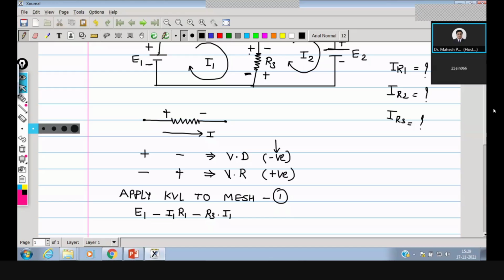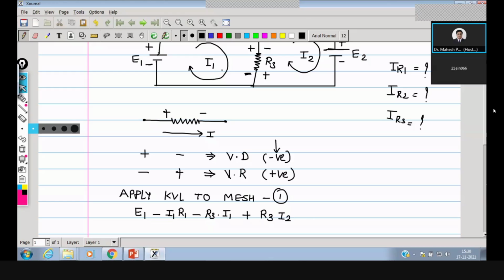So the direction of mesh 1 is clockwise, and in the clockwise direction there are two different drops. One is due to current I1, where it is plus and minus, and due to I2 it is reversed. So in the direction of current I1, the voltage drop is from minus to plus in R3, so here we write a plus sign, plus R3 I2.